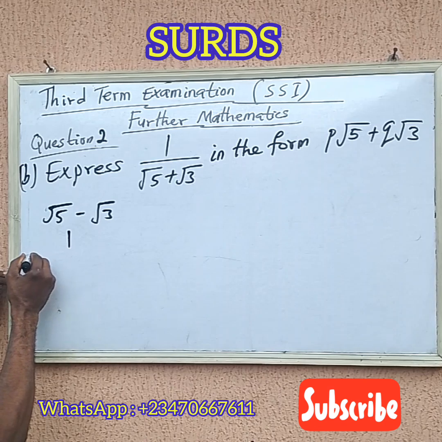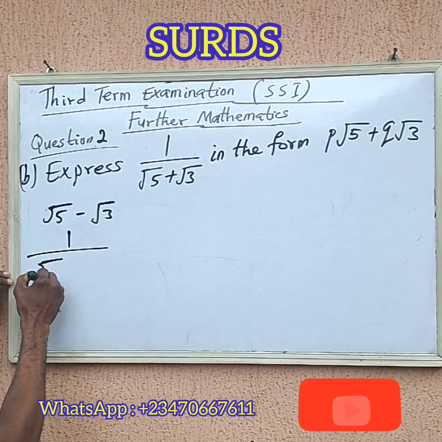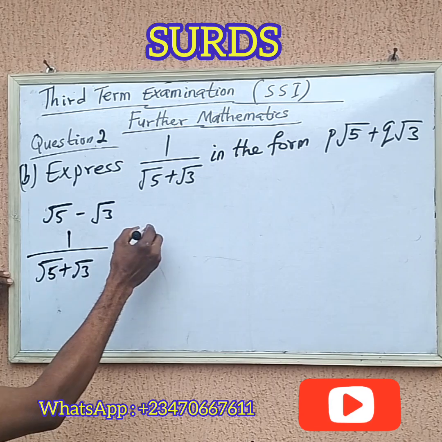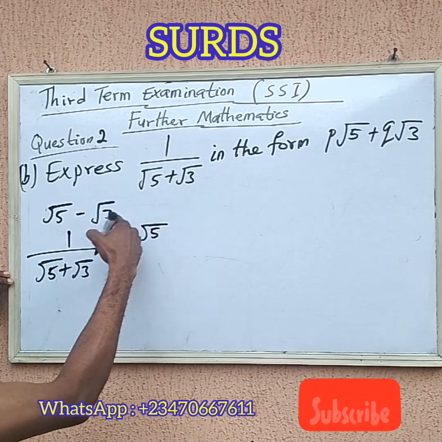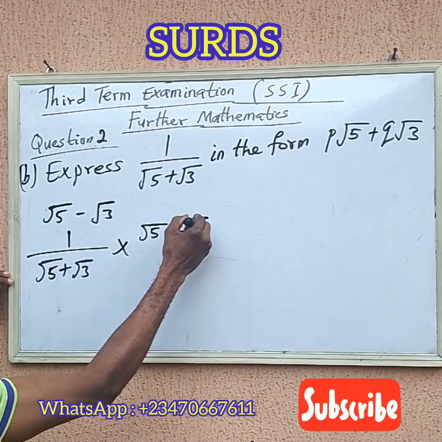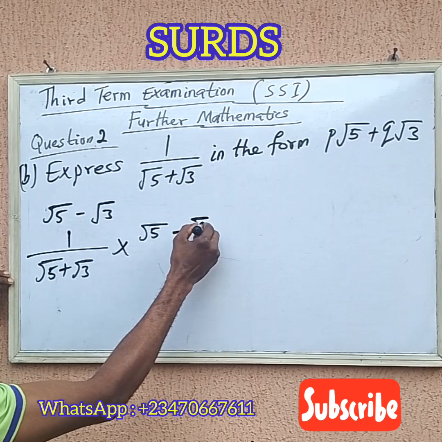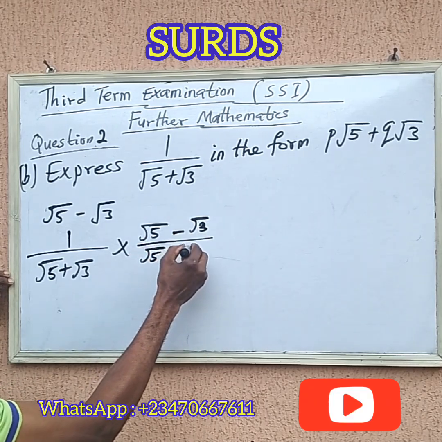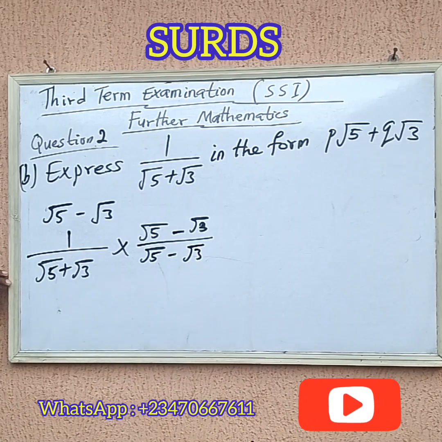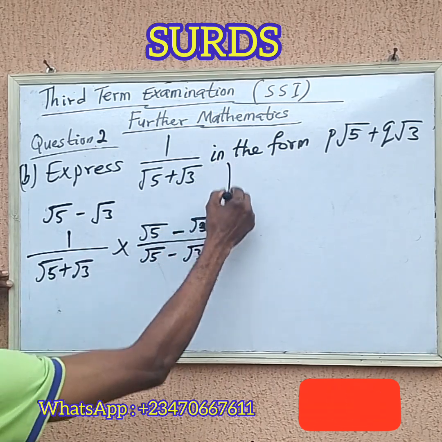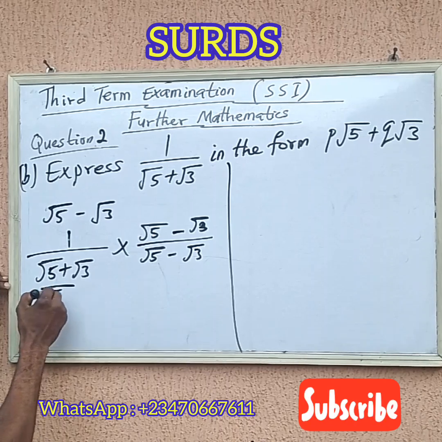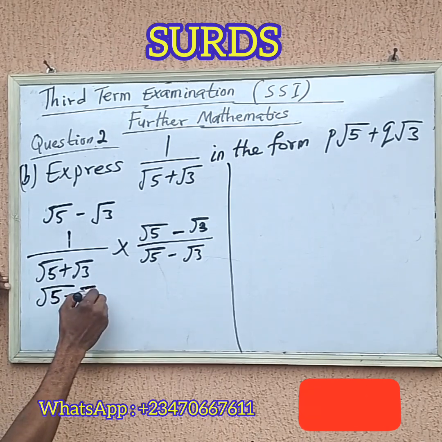So this will now give me 1 all over the square root of 5 plus square root of 3, times the square root of 5 minus the square root of 3, all over the square root of 5 minus the square root of 3. So when you multiply, numerator 1 will multiply this, and it is going to give me the square root of 5 minus the square root of 3.